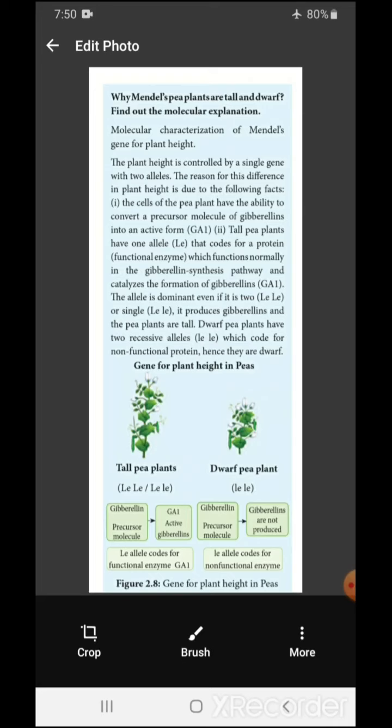Pisum sativum: length of the stem, shape of the pod, shape of the seed, seed color, flower position, flower color, pod color. Whereas for the 7 contrasting characters of the garden pea, Pisum sativum, the location of the genes on the chromosomes are 1, 4, 5, 7.